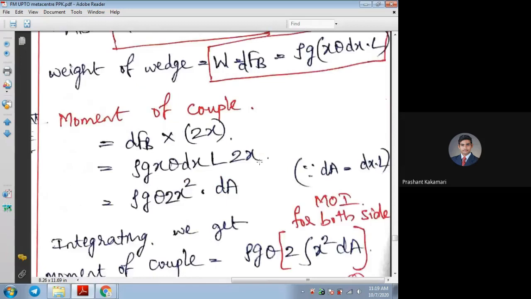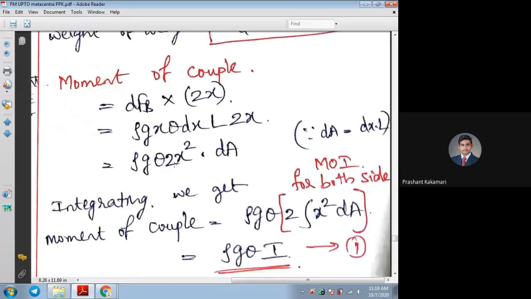Okay. So once this is done, now we can integrate, because here we want to replace that small dA term, because dA we have taken for the dx width, not for the total x. So we need to integrate that. So integrating this moment of couple, we can write it as rho g theta into 2 integration of x square for the given limits from 0 to total x into dA. So 0 to x, if you integrate x square, what will happen?